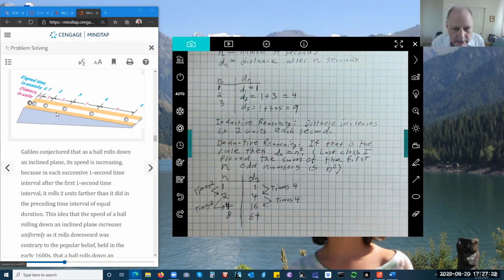So based on the examples we've got so far, we think that when you double the time, you quadruple the distance.